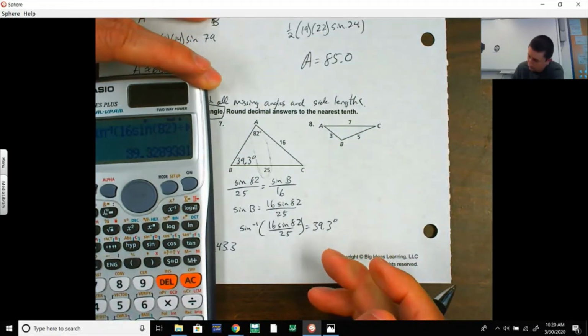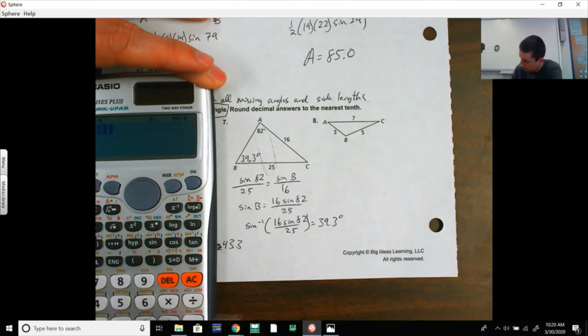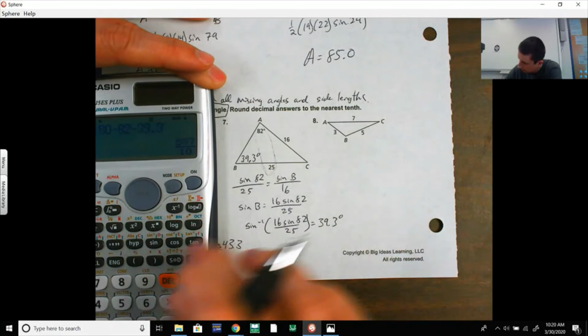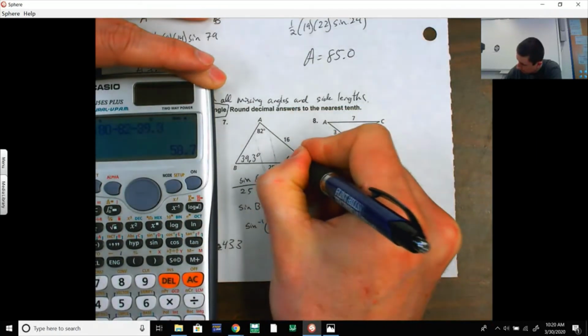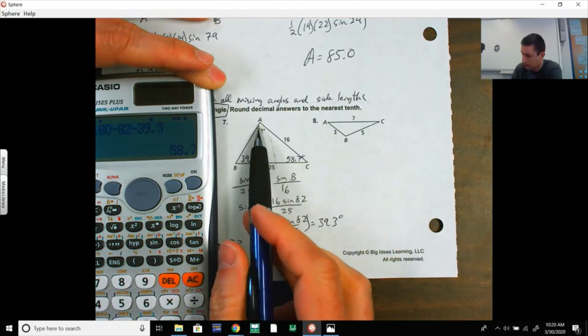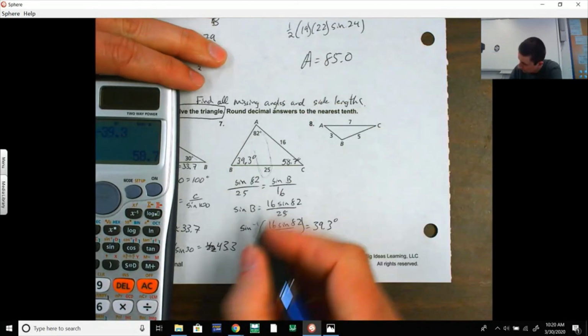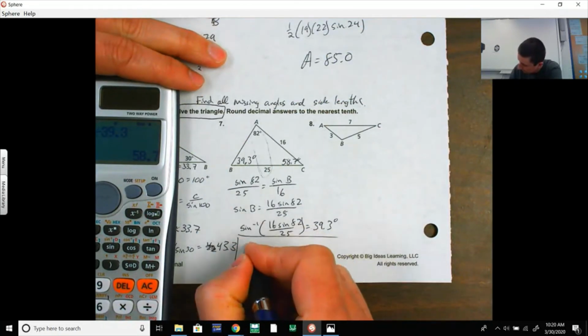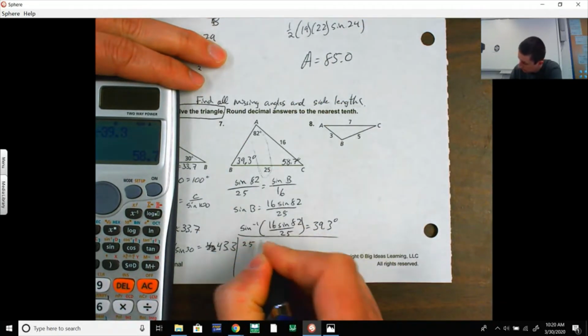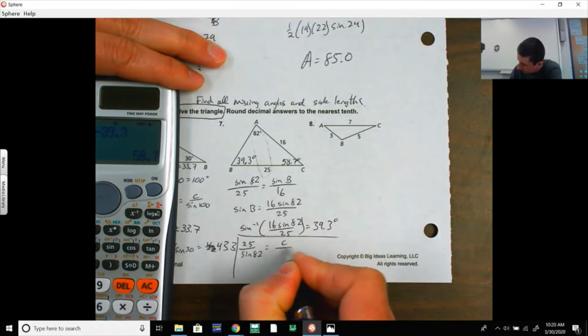Okay. So now you have two angles. You can take 180 minus 82 minus 39.3, and you get 58.7 for this one. And now you can use the normal law of sines to find side length C. So again, I would go back to my given. I have 25 over the sine of 82, and I'm looking for a side length, so it is C over the sine of 58.7.